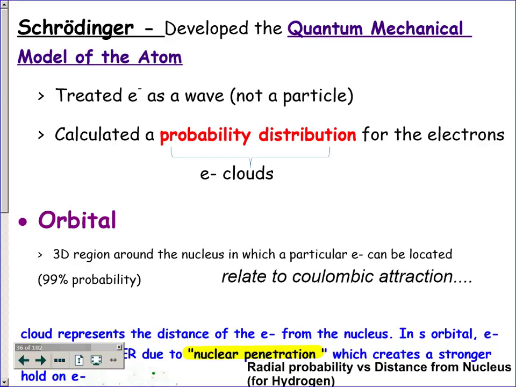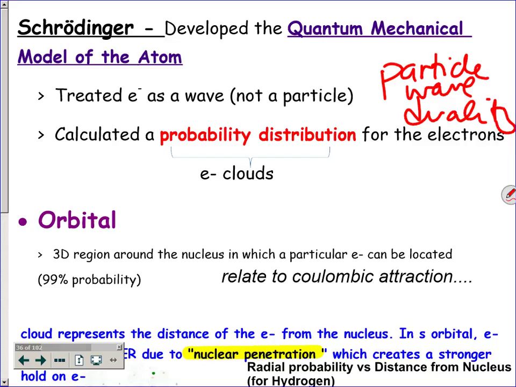which gives us the idea that there's something called particle-wave duality, which essentially says exactly what it sounds like. Duality means two. If you have a particle and wave duality, that means that you are able to act as a particle and you're able to act as a wave. If you're able to act as a particle, that essentially means that you have mass and volume. Mass and volume are just the two properties of matter.